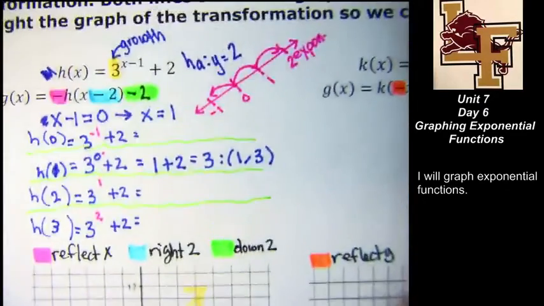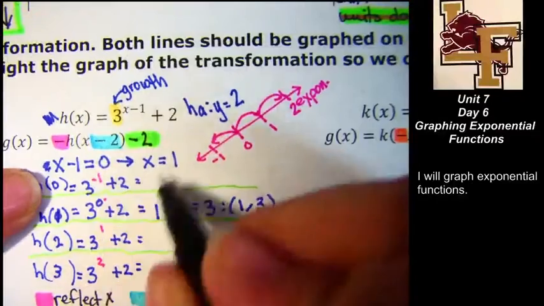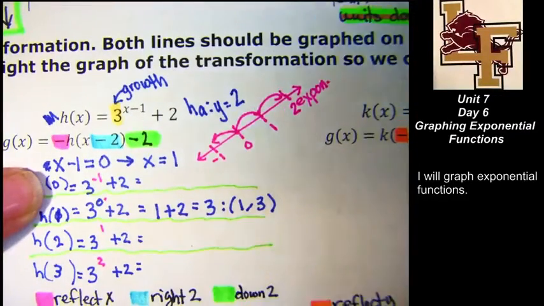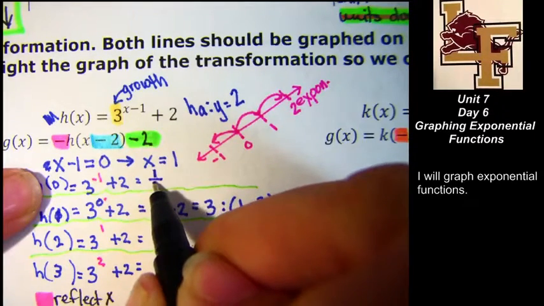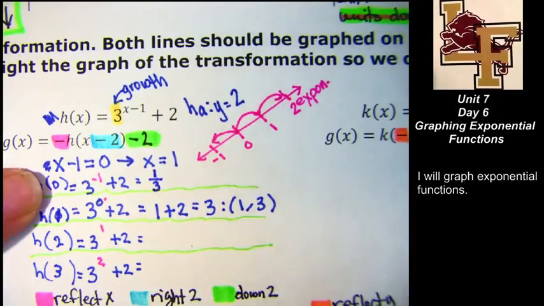All right. So now I'm going to evaluate these. When we have a negative exponent, take your base, flip it over, make the reciprocal of it, reapply your exponent. The reciprocal of 3 is 1/3. My new power that I'm applying is a +1.